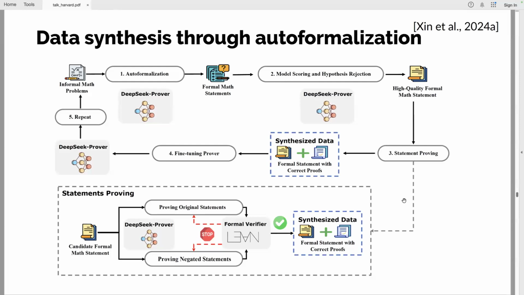So in the auto formalization process, let's say you have a problem in natural language that needs you to prove a statement about complex numbers, but then let's say your formalizer makes a mistake and forgets to include the condition that it's over complex numbers.